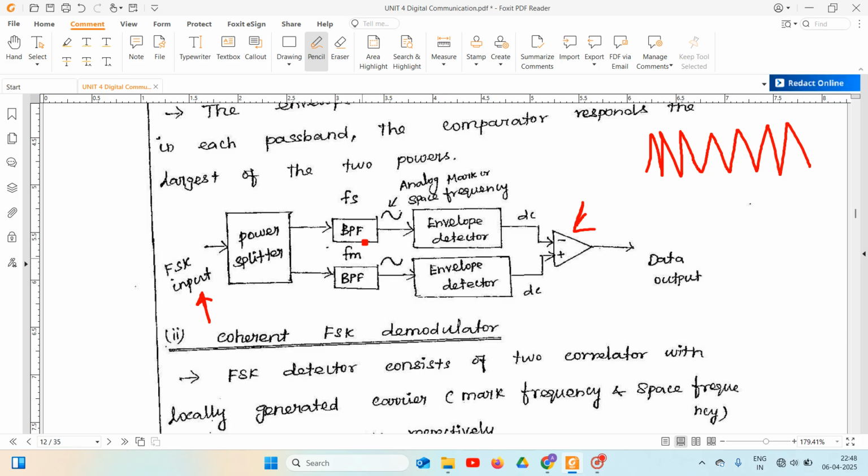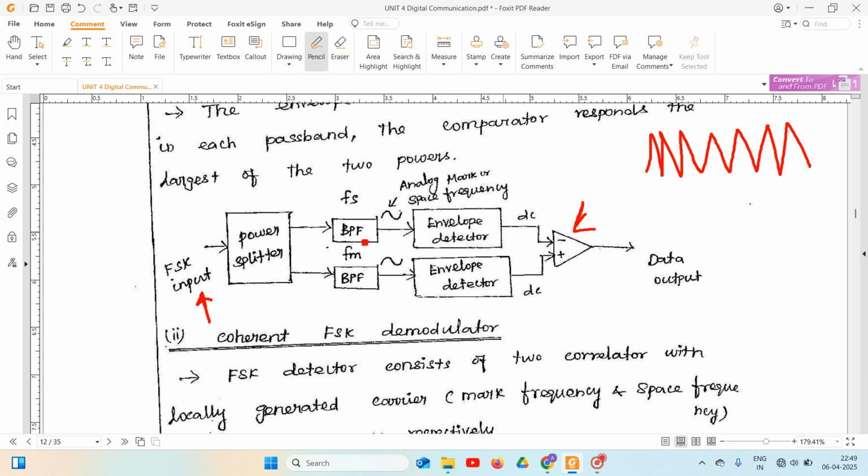These two frequencies are given to the respective envelope detectors in order to detect the power of the sidebands. The first envelope detector detects the power of sidebands of the space frequency, and the second envelope detector detects the power of sidebands of the mark frequency.